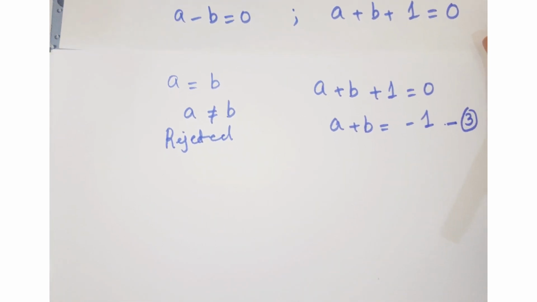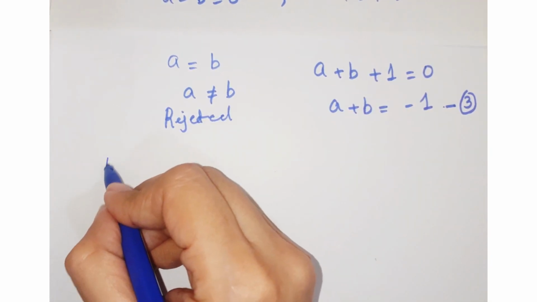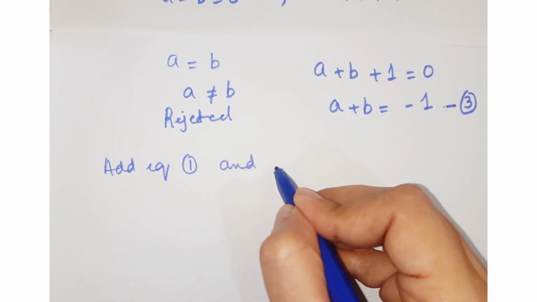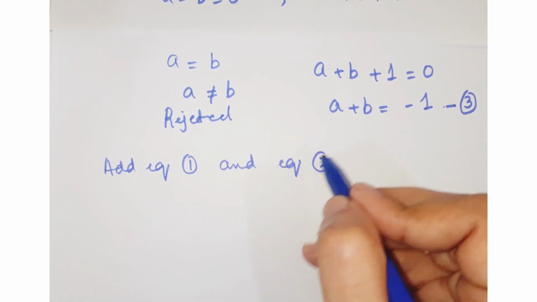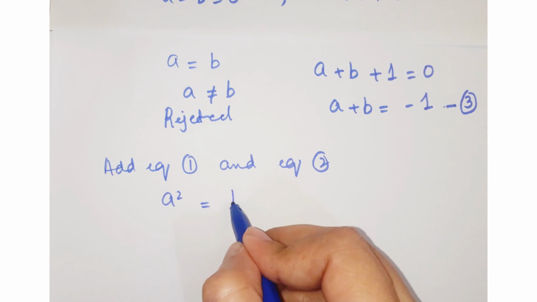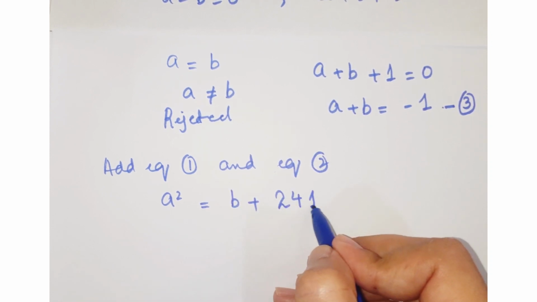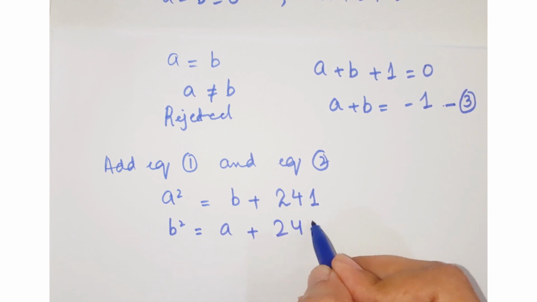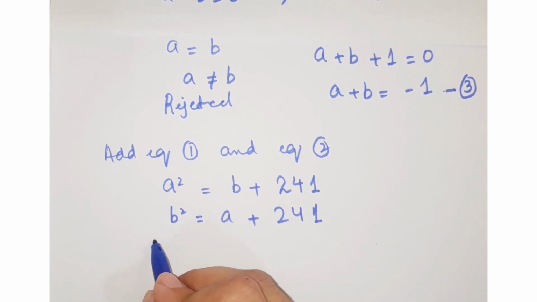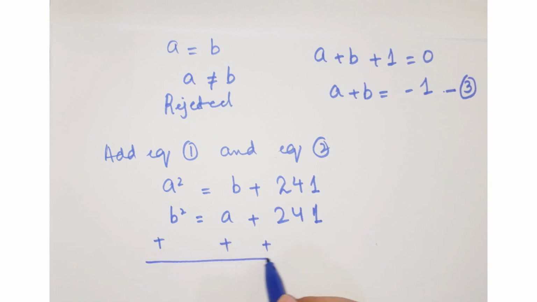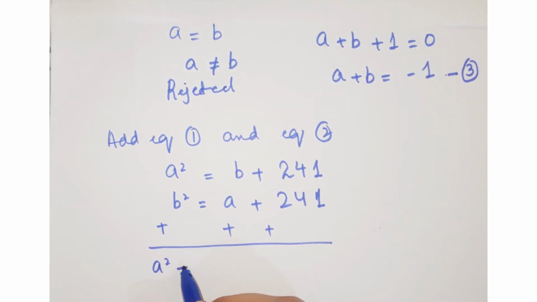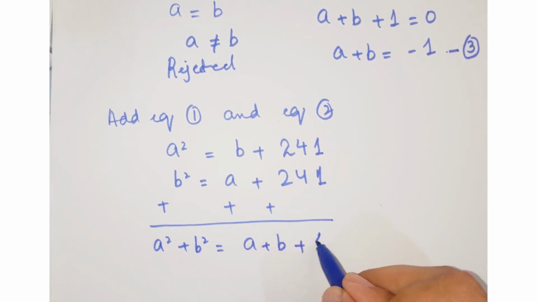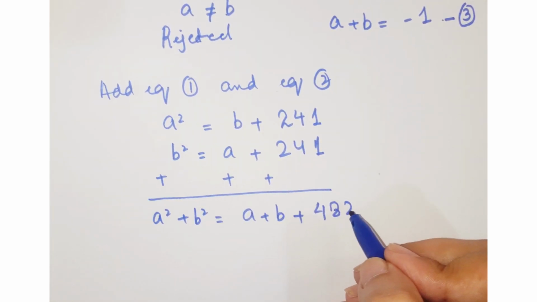Further you can write it as a plus b is equal to minus 1, and just call this equation number 3. Now we are going to add equation number 1 and equation number 2. So we have a square is equal to b plus 241 and b square is equal to a plus 241. Now we are going to add them up. So here we get a square plus b square is equal to a plus b plus 482.